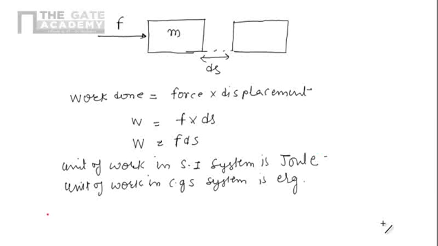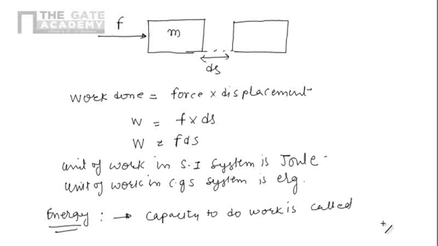Now let's talk about energy. Energy is nothing but the capacity to do work. There are many kinds of energy, like potential energy, kinetic energy, nuclear energy, heat energy, electric energy, chemical energy.